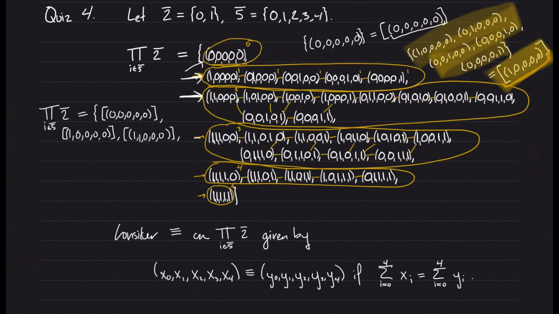And now for this one, I can write 1, 1, 1, 0, 0. And then for this one, I can write 1, 1, 1, 1, 0. And then for this one, there's only one choice, which is 1, 1, 1, 1, 1. Okay, so this is the set now of equivalence classes, the quotient of our set.